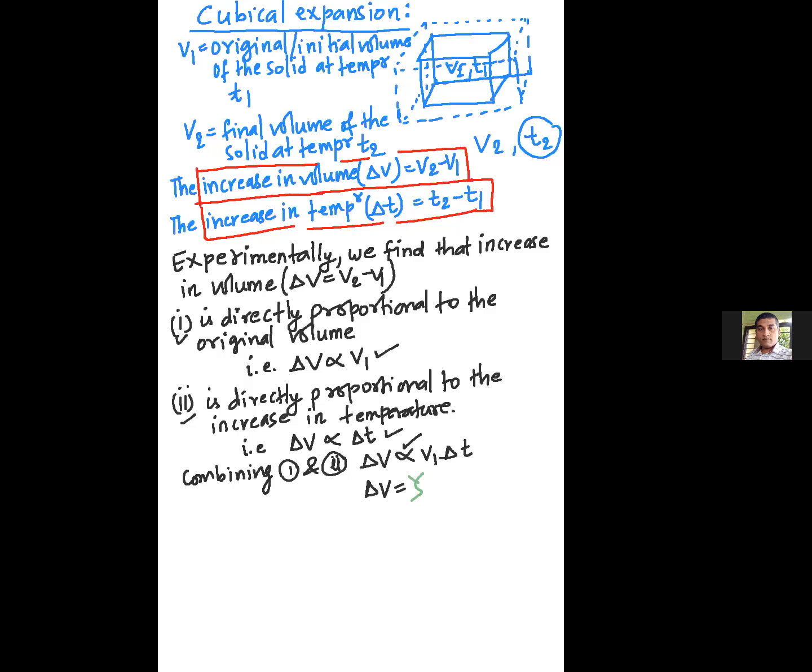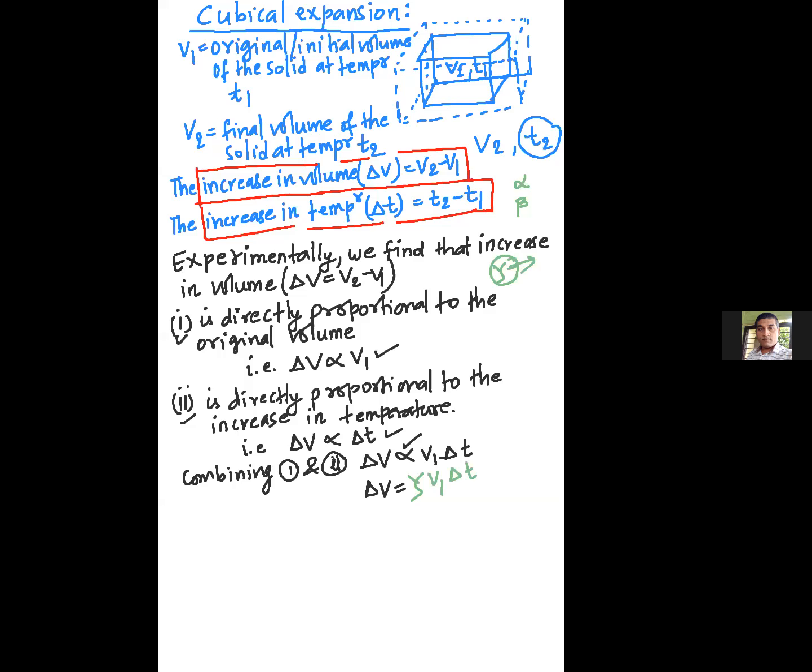We have alpha for linear expansion, beta for superficial or area expansion, and now gamma. So delta V equals gamma times V1 delta T.